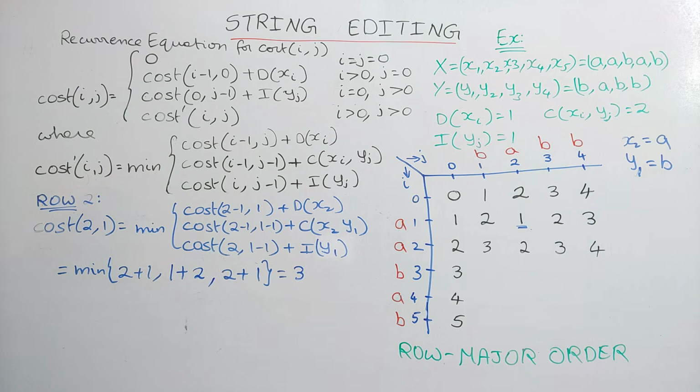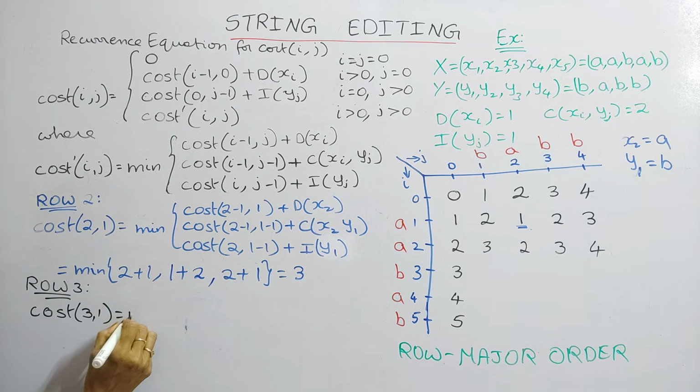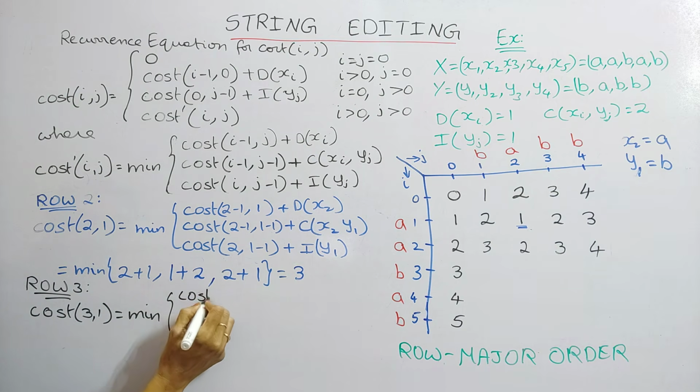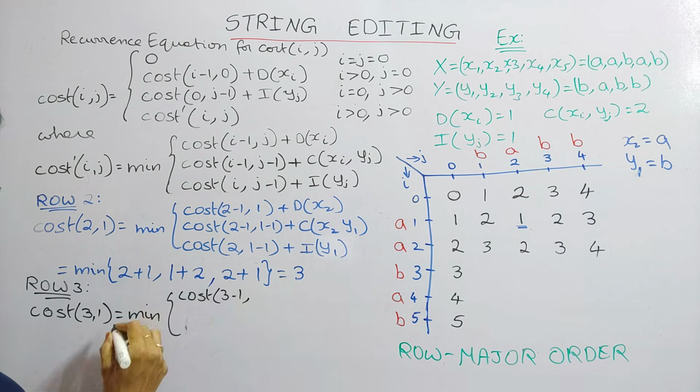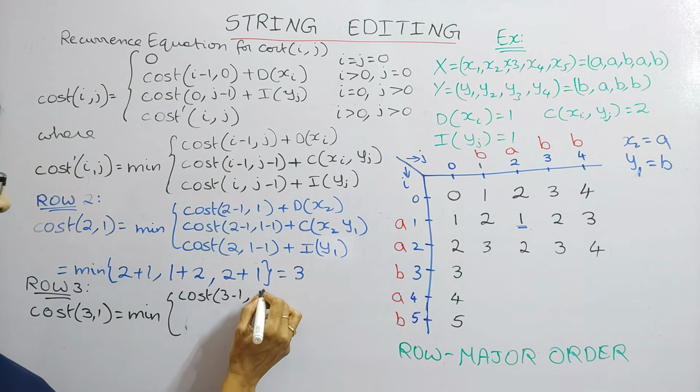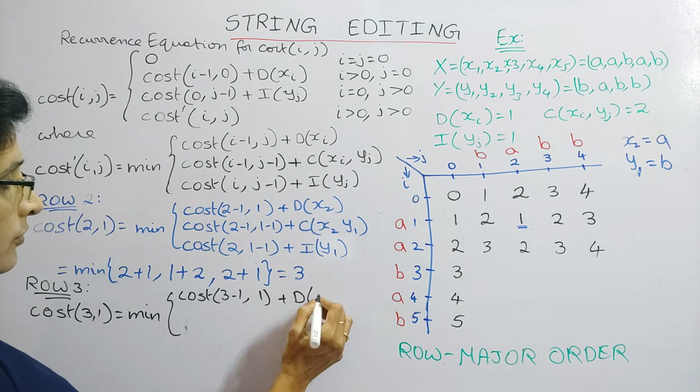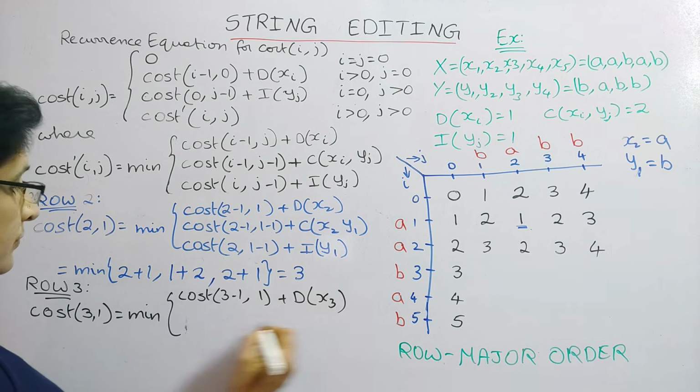And similarly for row 3. So for row 3 also I will compute one value. Cost of 3 comma 1 is equal to minimum of cost of 3 minus 1 comma 1 plus d of x3.